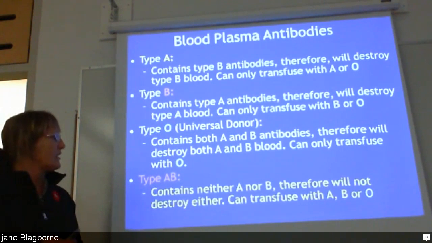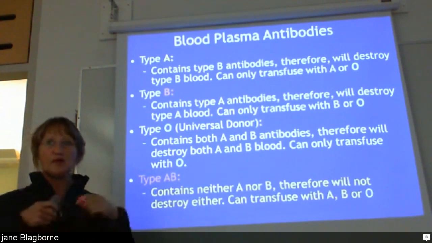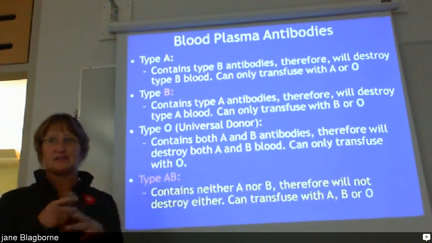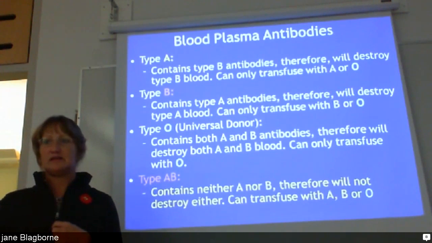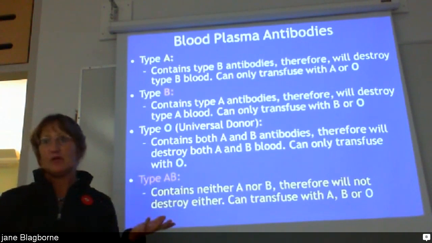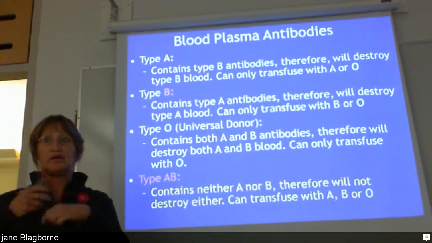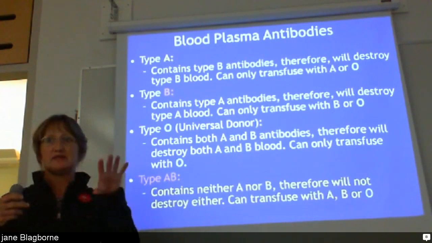Sometimes it's hard to grasp. It is, yeah, because an antigen is what causes the antibody. So if I have an antigen to sunflower pollen in my system, I will create antibodies because of the antigen.